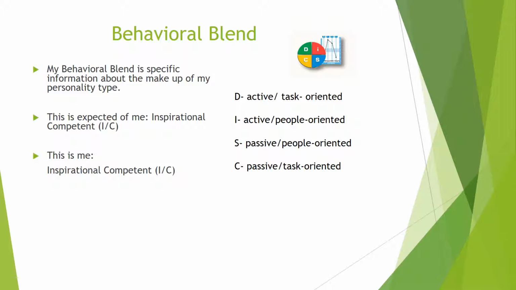The I basically stands for active, people-oriented, which gives me a positive trait of inspiring, influencing, impressing, interactive, and interest in people. For the C side, it is passive, task-oriented, which leaves me conscientious, competent, calculating, careful, and complacent.